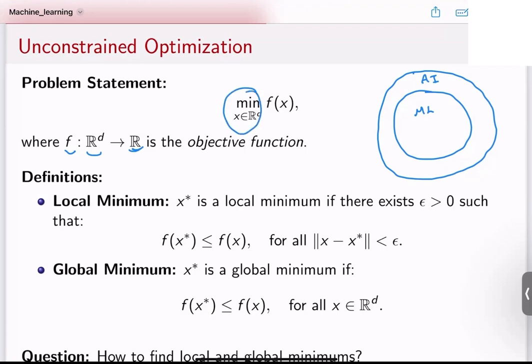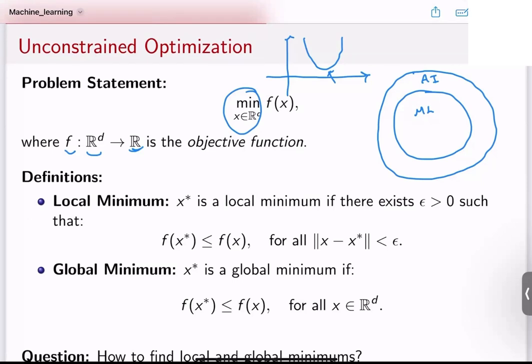We want to find the x corresponding to the minimum value of f. We already know from calculus, for example, if we had some function like this, then we'd say, bam, this is the minimum that we're looking for.